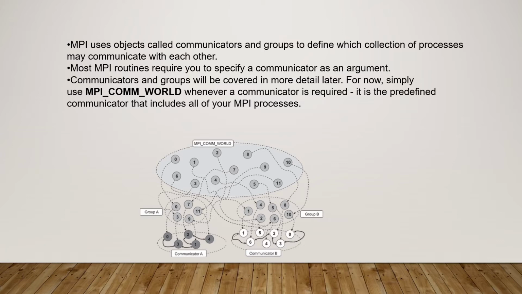Most MPI routines require you to specify a communicator as an argument. Communicators and groups will be covered in more detail later. For now, simply use MPI_COMM_WORLD whenever a communicator is required. It is a predefined communicator that includes all of your MPI processes.